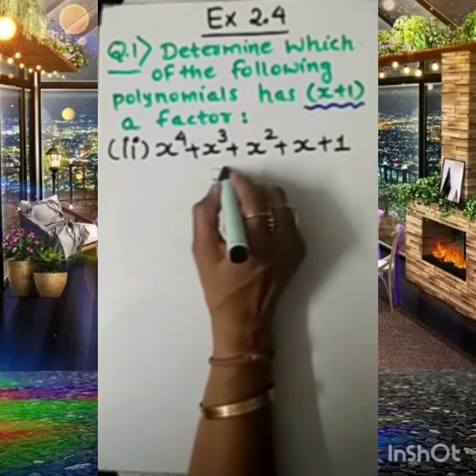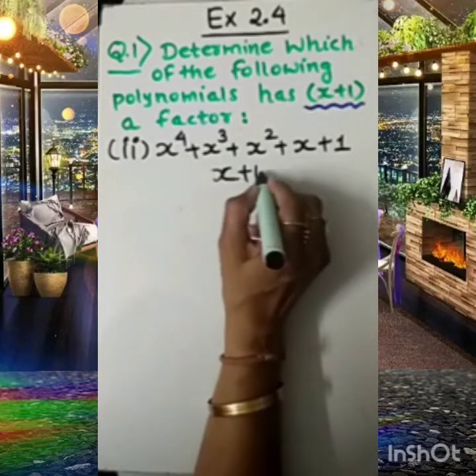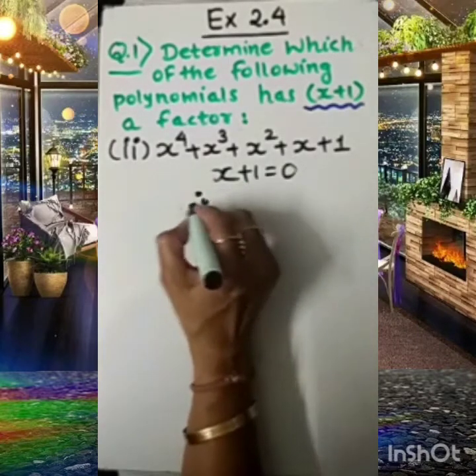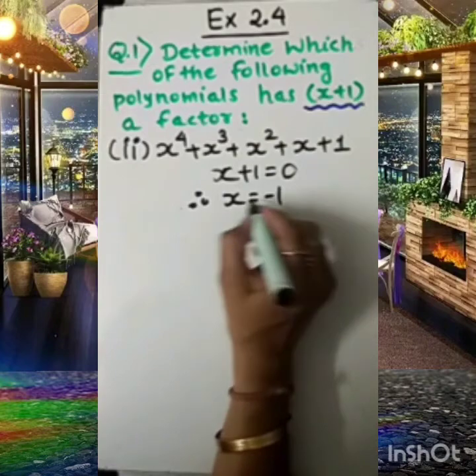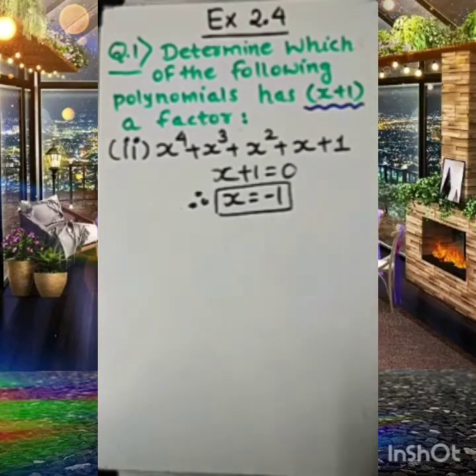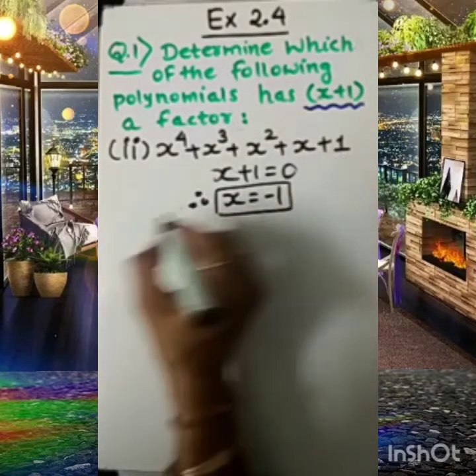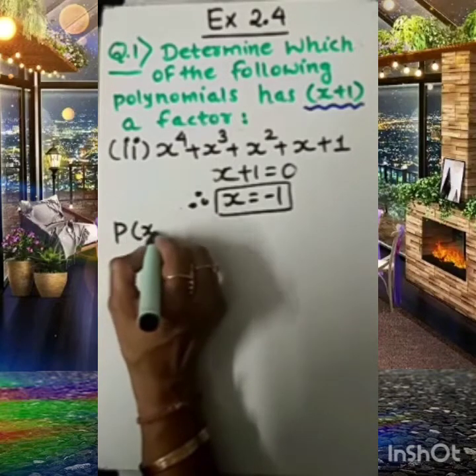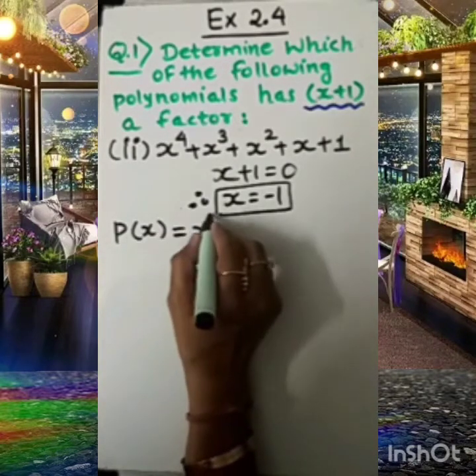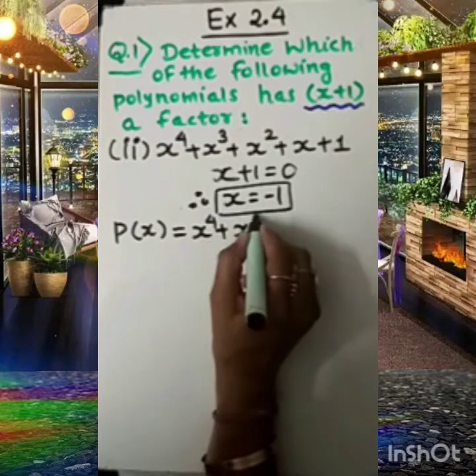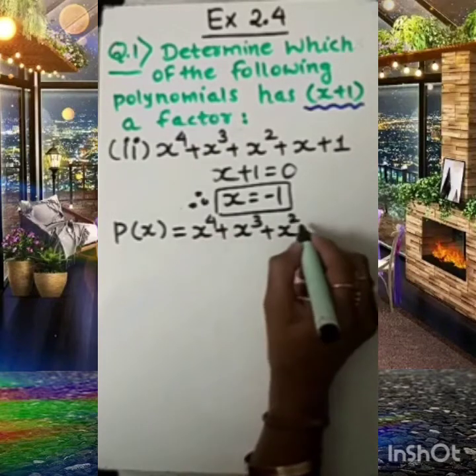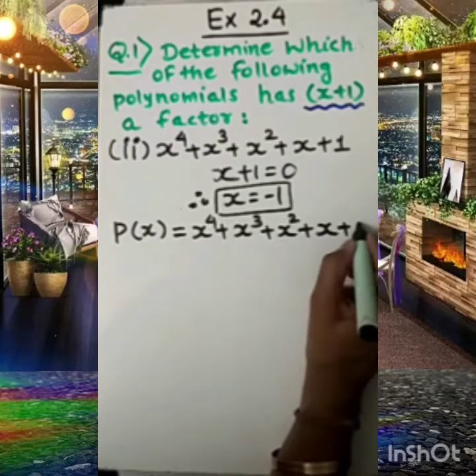Here we can see x plus 1 equal to 0. Therefore, x equal to minus 1. Let me put this value in the given polynomial. Let me call this polynomial p(x): x to the power 4 plus x cube plus x square plus x plus 1.